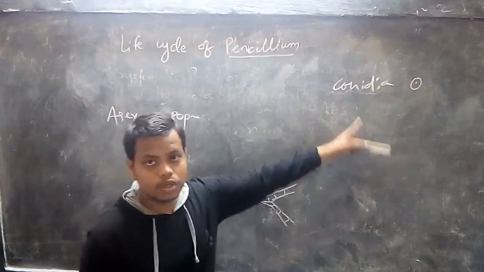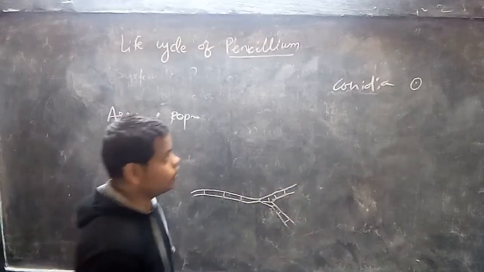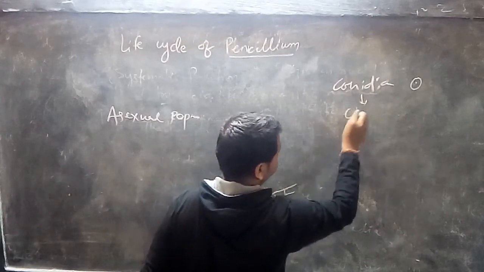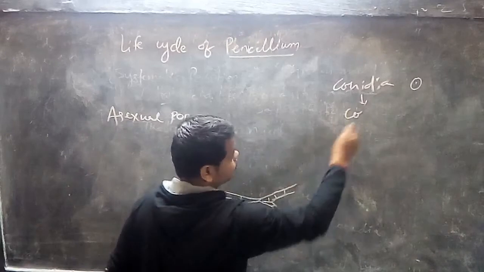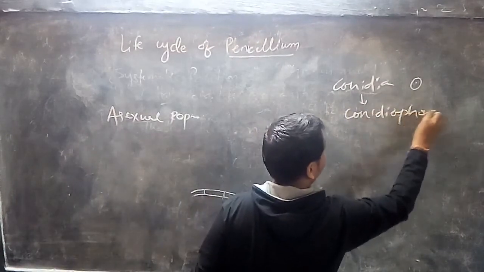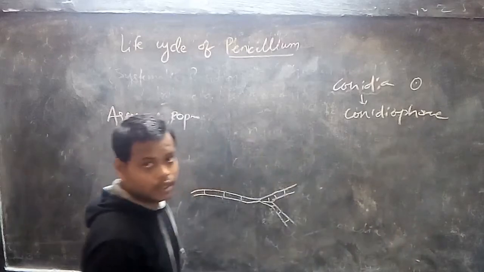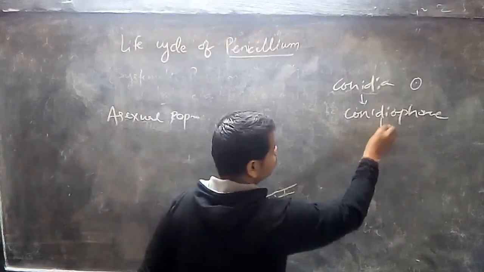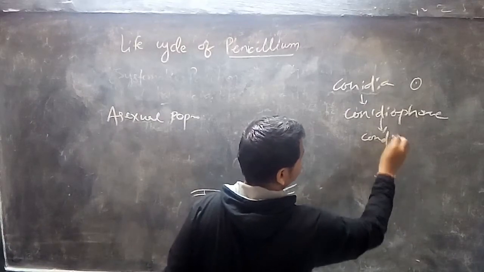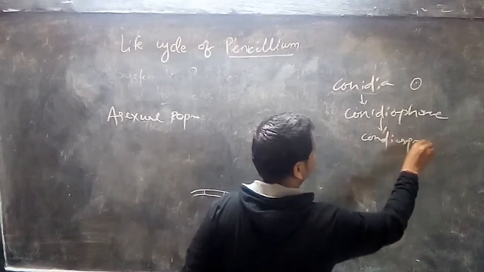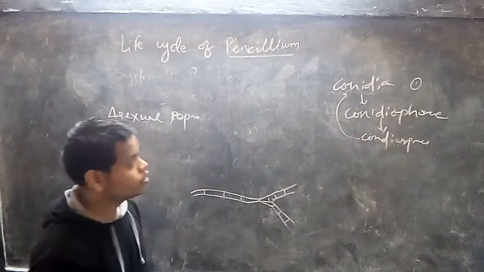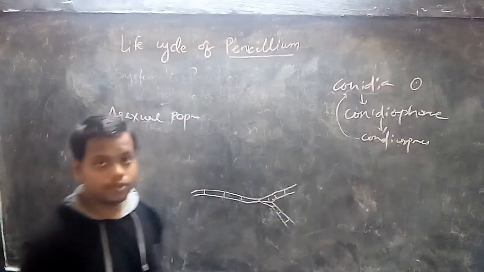The conidia spores are formed in an asexual vegetative branch called the conidiophore. Inside this conidiophore, conidiospores are formed, and these conidiospores are nothing but the conidia. So we are going to discuss the structure of the conidiophore.